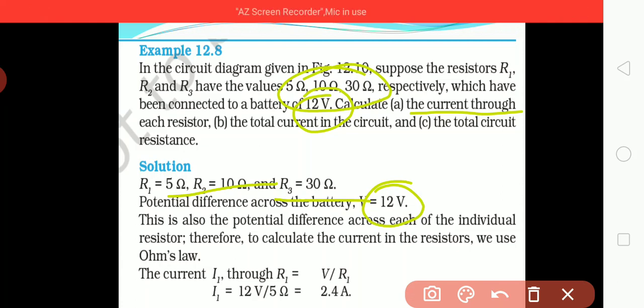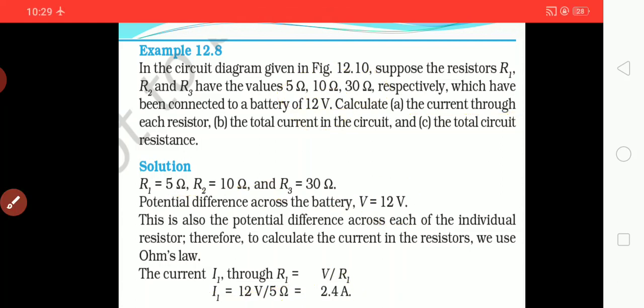So from this we can find that I1 is equal to V upon R, so it will be 2.4 ampere.